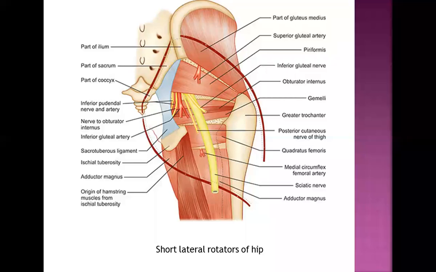Next question that you need to know is, what are the short lateral rotators of the hip, also called short lateral rotators of the thigh? Out of all these muscles that I mentioned, a group of them is known as short lateral rotators of the hip. Can you tell me which muscles are called the short lateral rotators? You can type it.